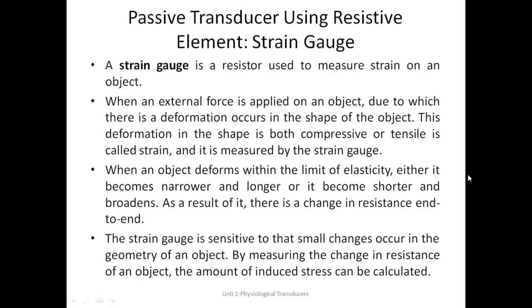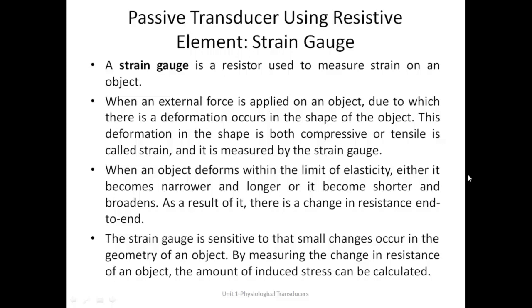So the strain that is developed in that object is actually measured with the help of a strain gauge. Okay, when an object deforms within the limit of elasticity, either it will become narrower and longer, or it will become shorter and broader. So as a result of these changes, there is a resistance change in that particular element.